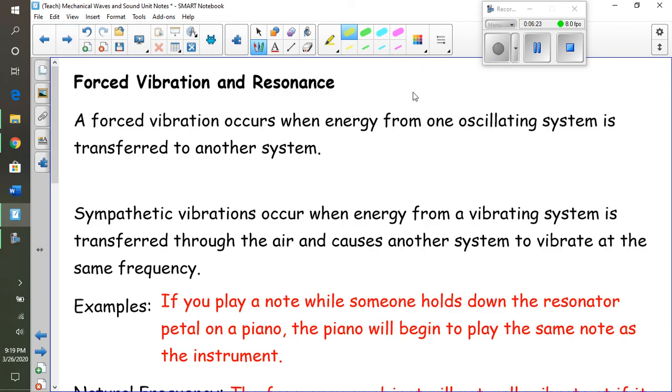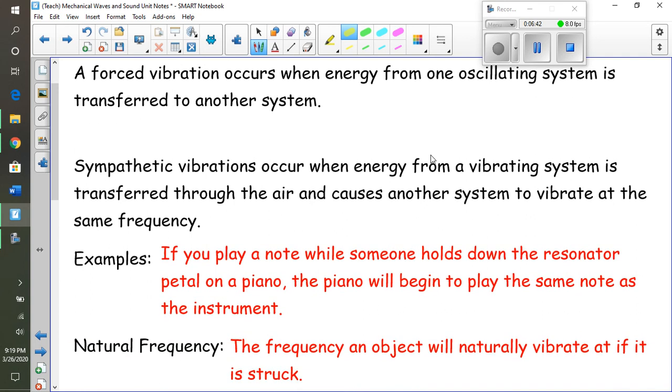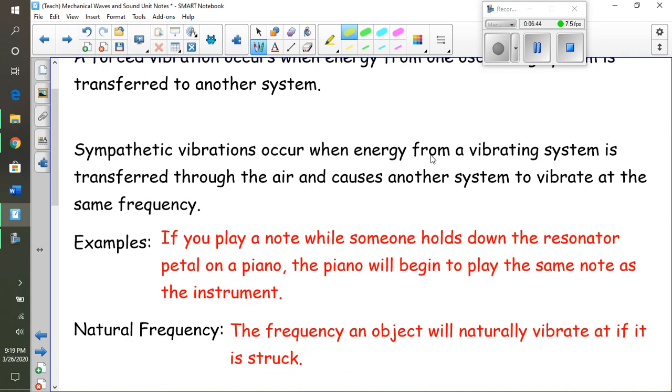Okay. Now, for some other fun things with sound. A forced vibration occurs when energy from one oscillating system is transferred to another. And that happens through sympathetic vibrations. This is where I wish I was in my classroom to really do this for you.